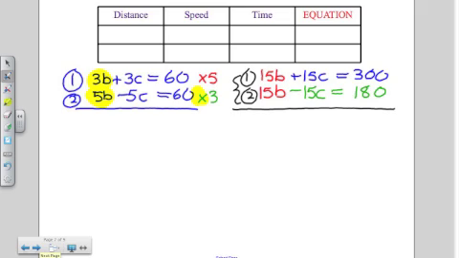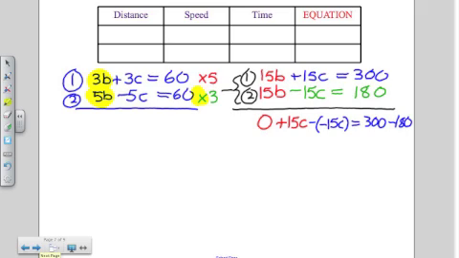So when I subtract the equations, because my b's are both positive, the b's are going to cancel out. However, I now have positive 15c minus negative 15c is equal to 300 minus 180.